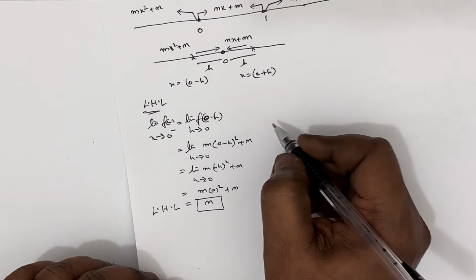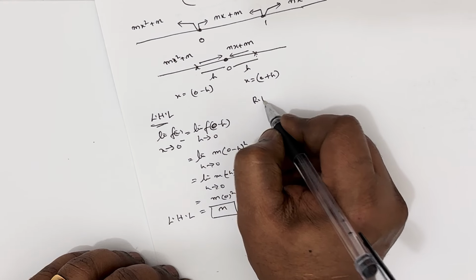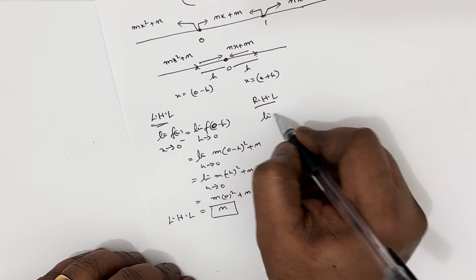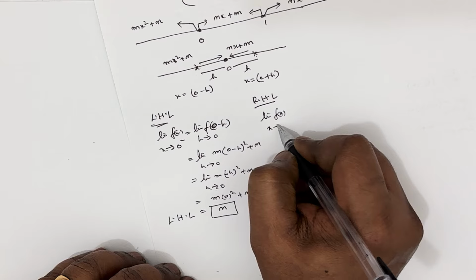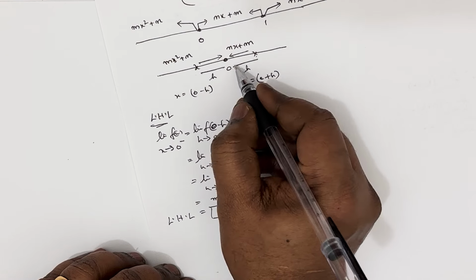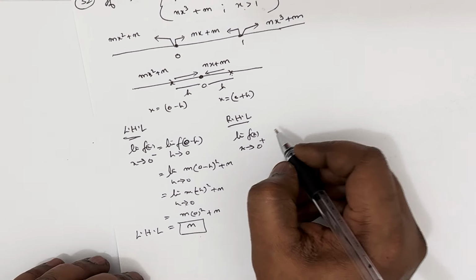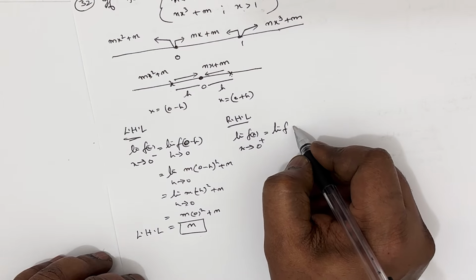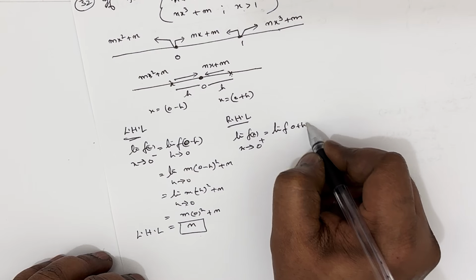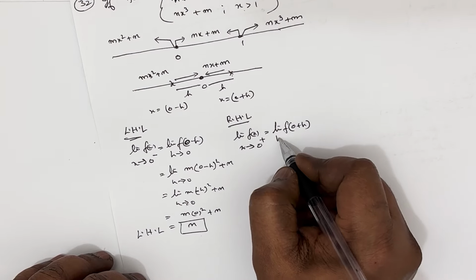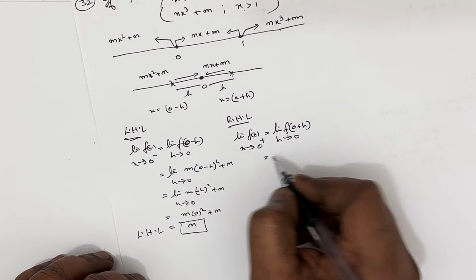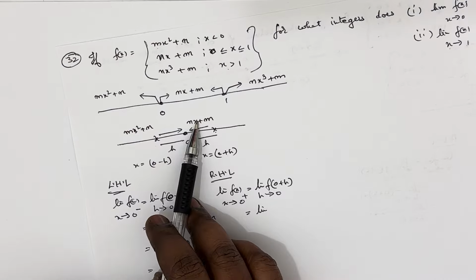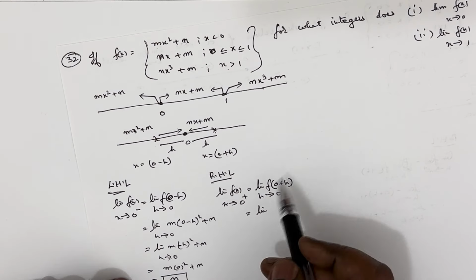Now let's do the right hand limit. The limit of the function as x is approaching 0 from the right side, that is 0 plus, will be the limit of f of 0 plus h, as h tends to 0. Now let's replace x with 0 plus h.